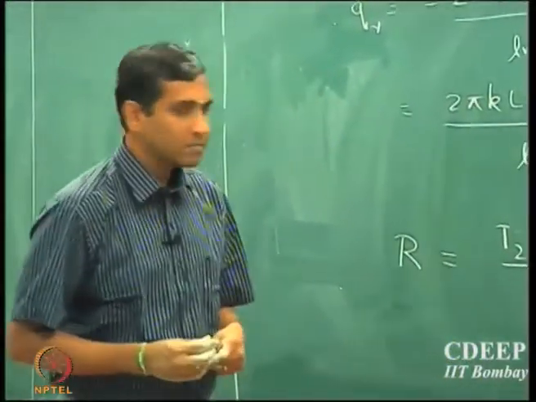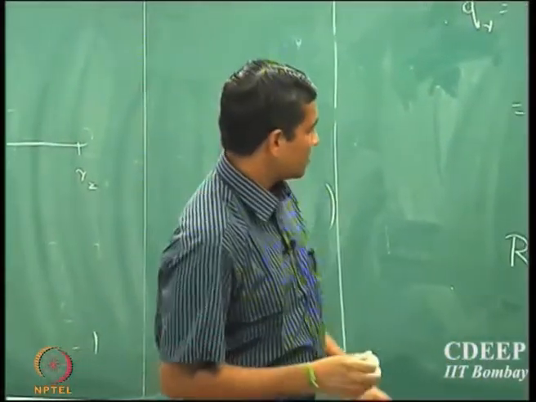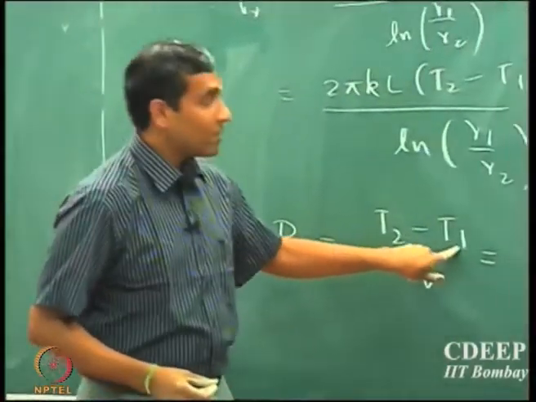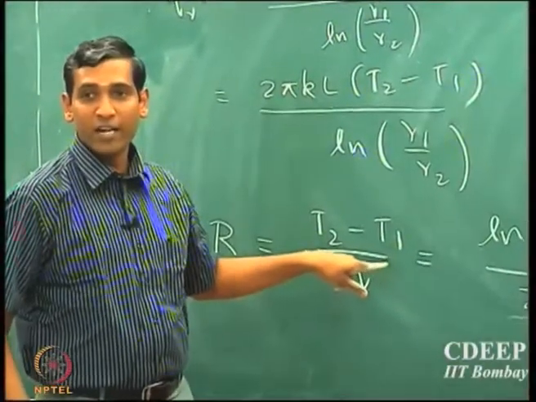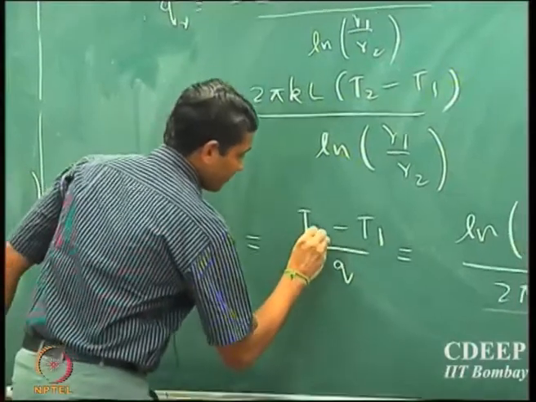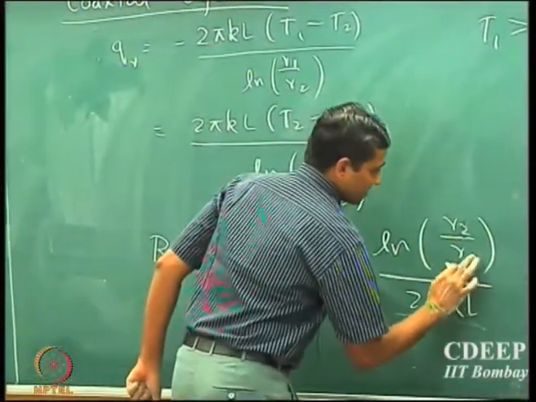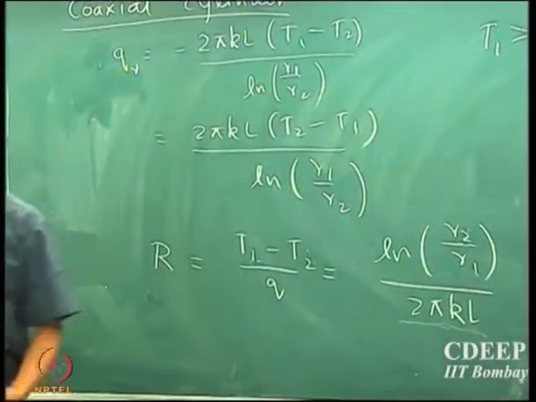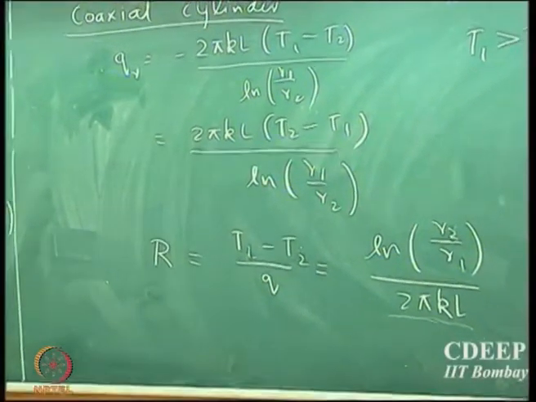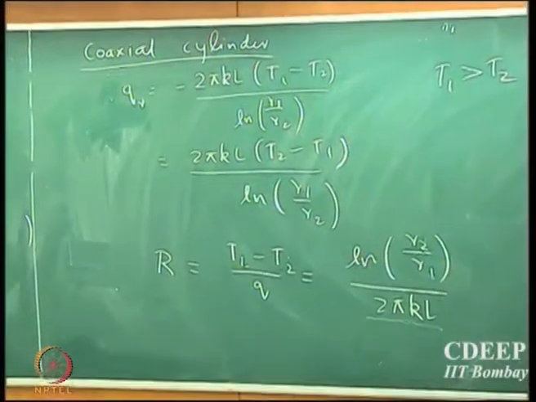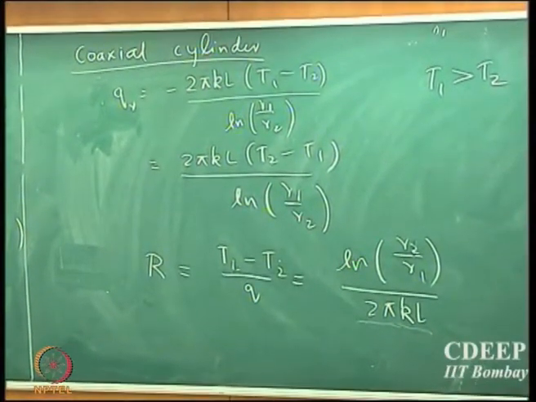Not negative, but T2, so when I say T1 is greater than T2, right, so I have to define, yeah, so then you have R2 by R1. So depending on how you define, be very careful when you define your quantities, you have to follow the correct sign convention, okay.